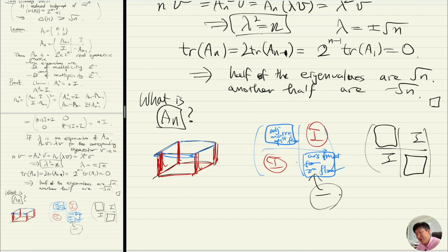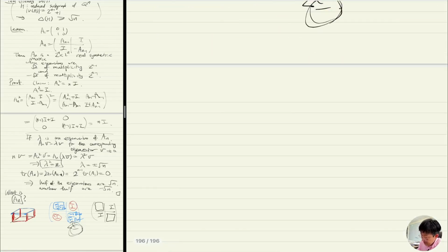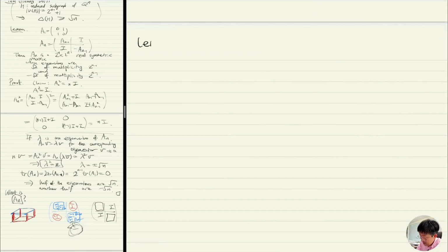That's the only difference, and because of this negative sign, the eigenvalue proof becomes very neat.